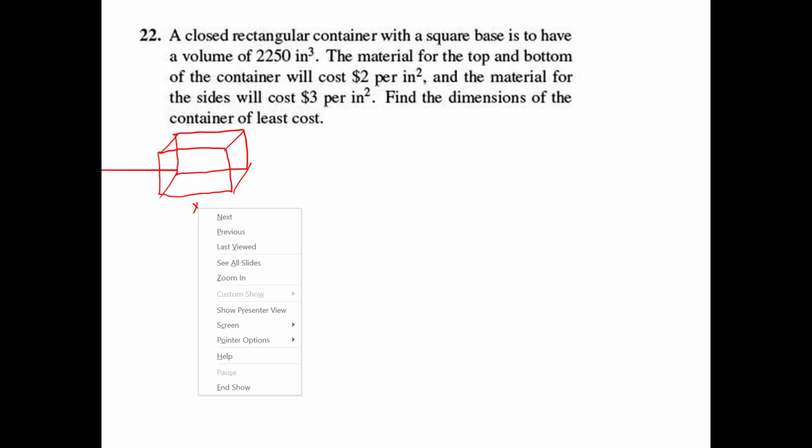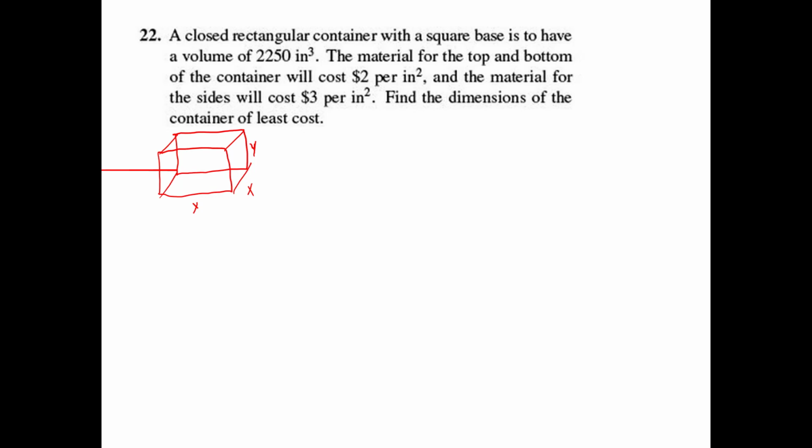And this is x. So this is x, and then the height is different, so that's why it's not drawn to scale, I apologize for that.